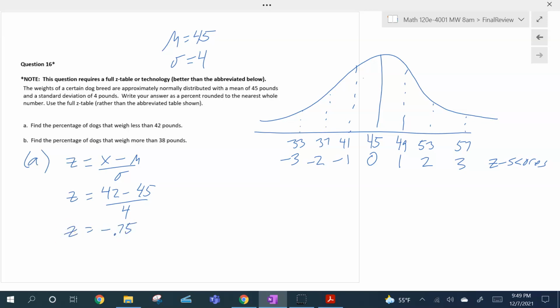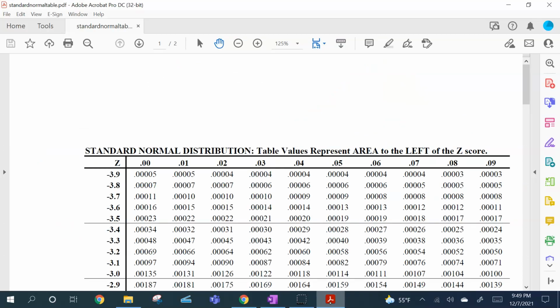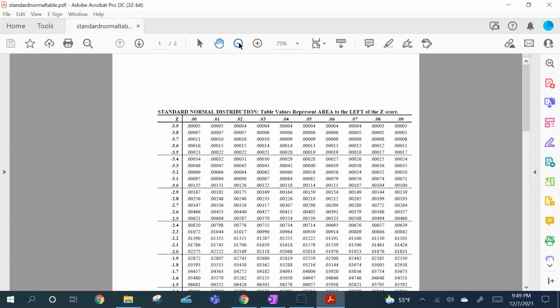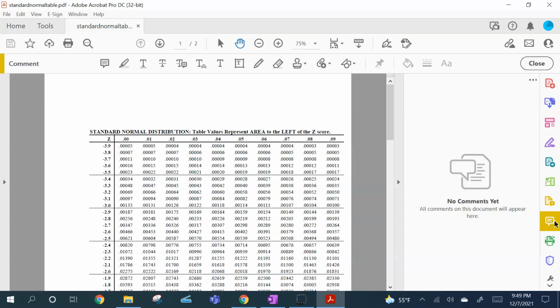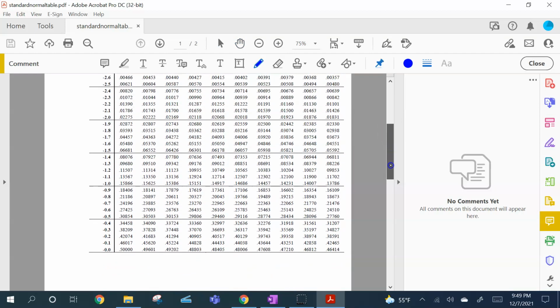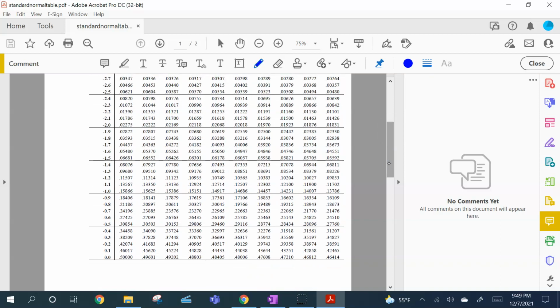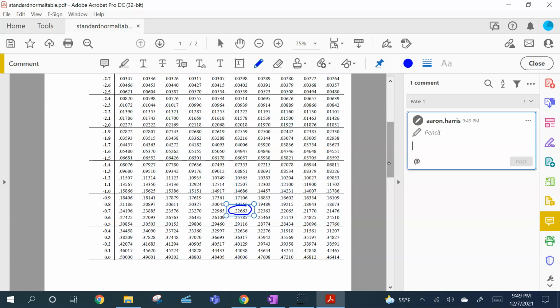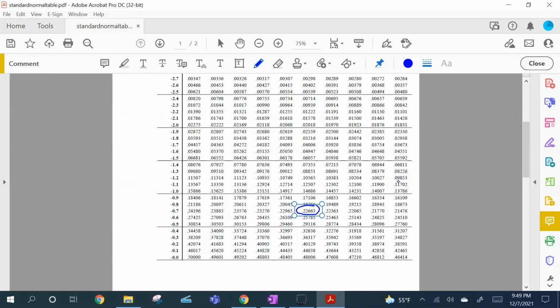Now I'm going to pull up my z-table. Negative 0.75. Negative 0.7. So it'd be right there. 0.22663.